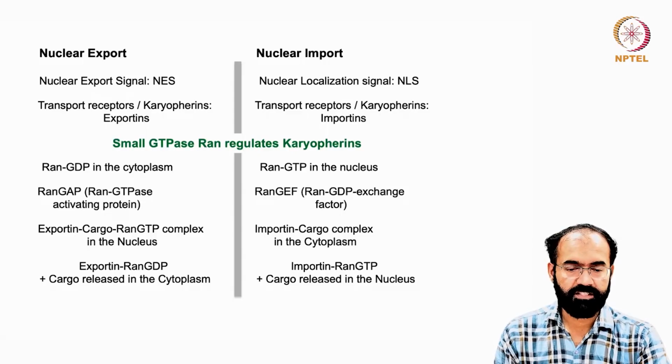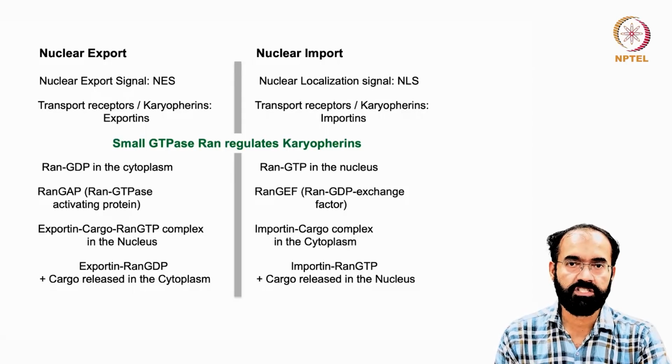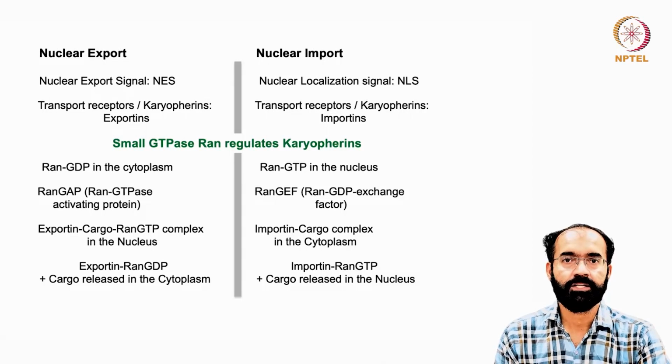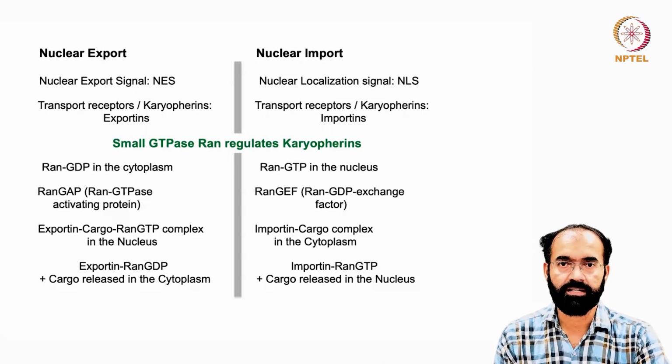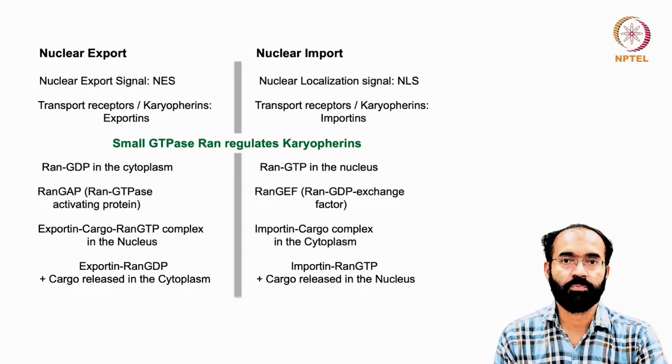Nuclear export means taking something from the nucleus, because that is the origin of a gene expression event. From there to somewhere is export, and from somewhere back to the nucleus is import. So anything which has to move out of the nucleus needs to have the nuclear export signal.